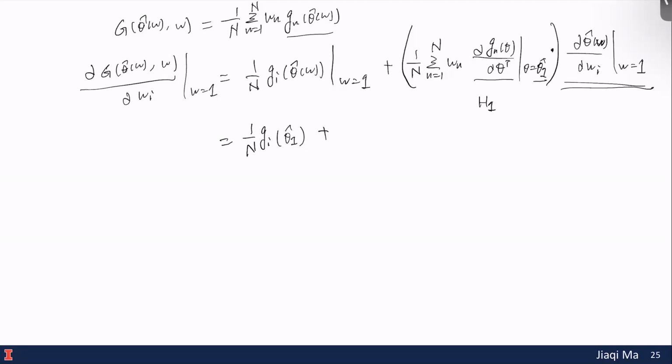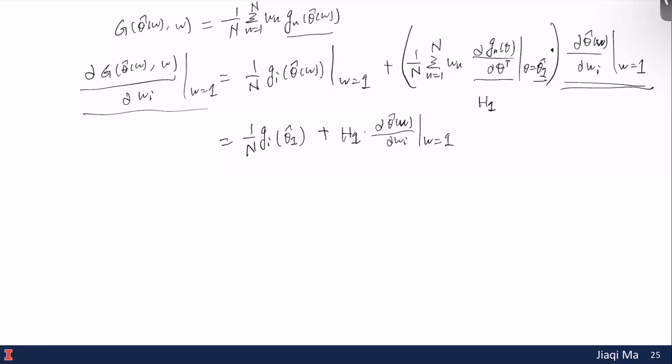So this becomes H1 times partial theta hat partial Wi evaluated at W equals 1.